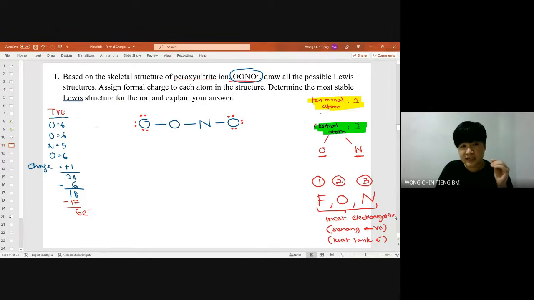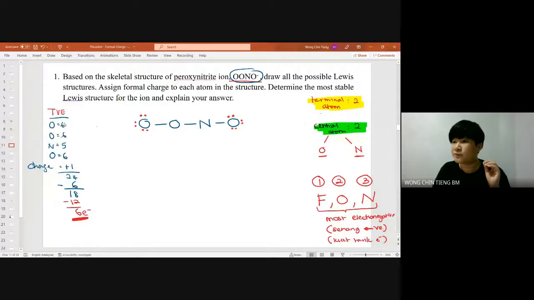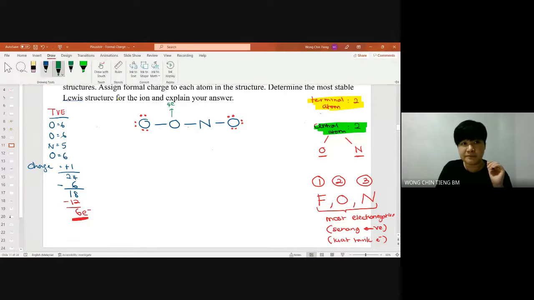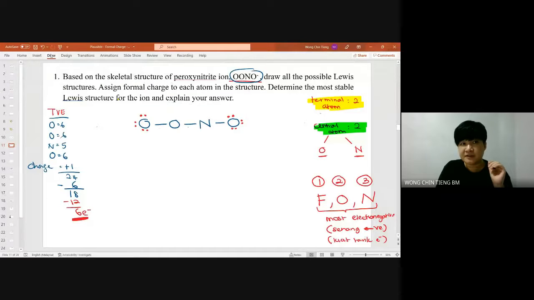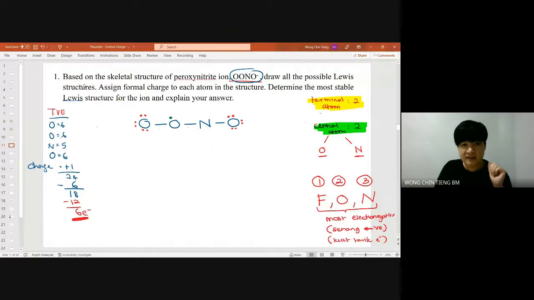So, valence elektron 6 yang tinggal ni akan masuk pada oksigen terlebih dahulu. Oksigen sekarang pegang 4 elektron around it. 2, 4. Agree? So, oksigen perlu berapa lagi? How many more? 4. Thank you for the jari. 4 more electron in term of 2 lone pair. Any questions so far?